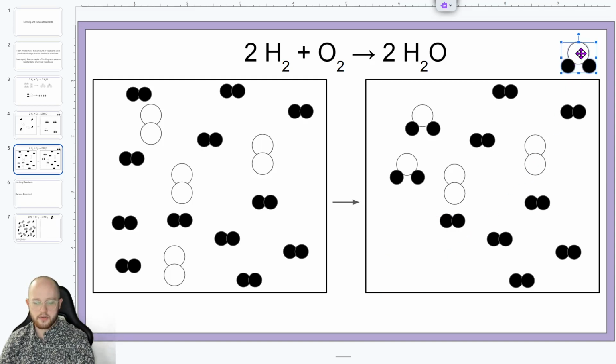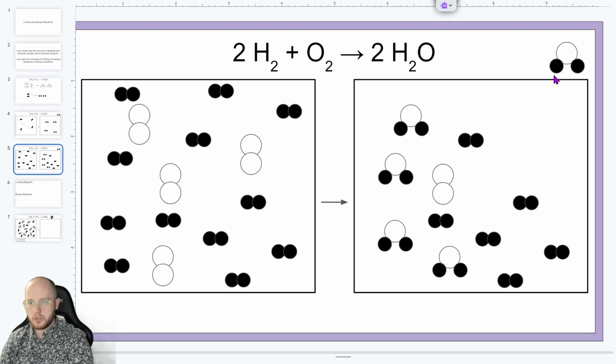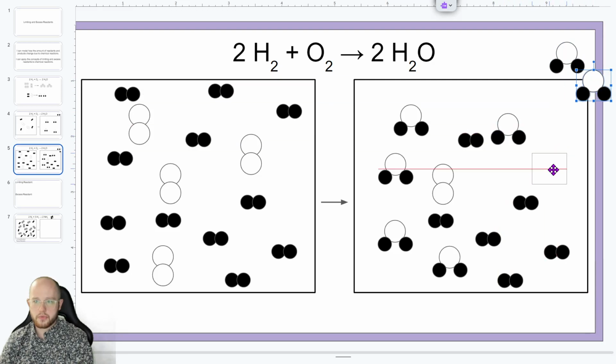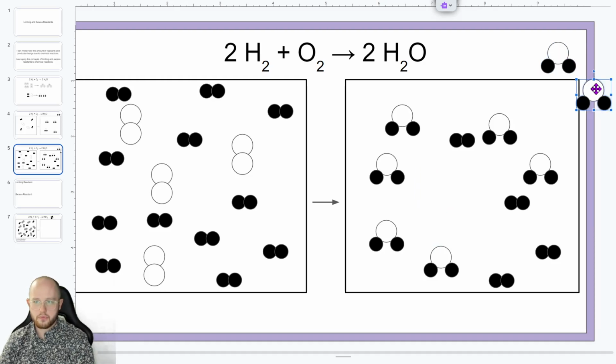They're going to react and form a lovely 2 more water molecules. Then I have another 2 hydrogens and an oxygen, which will form 2 more water molecules. And I have another 2 hydrogens and an oxygen. They're going to react and form another 2 water molecules.